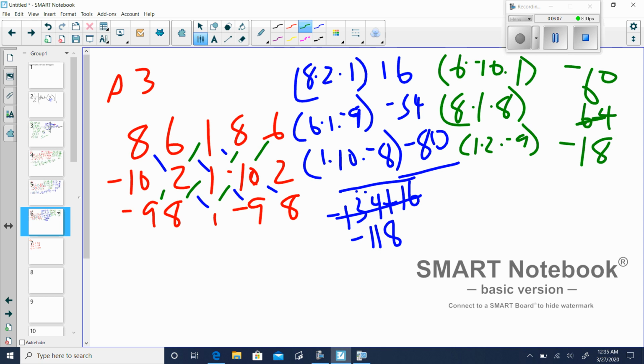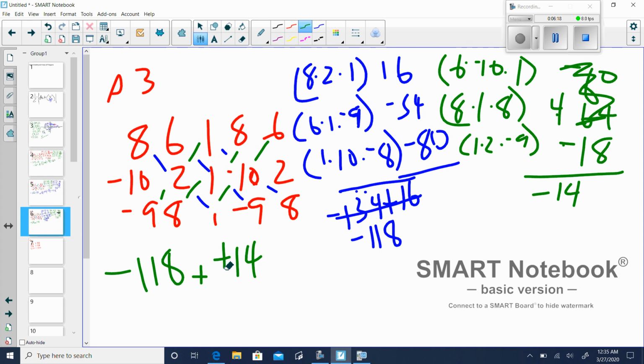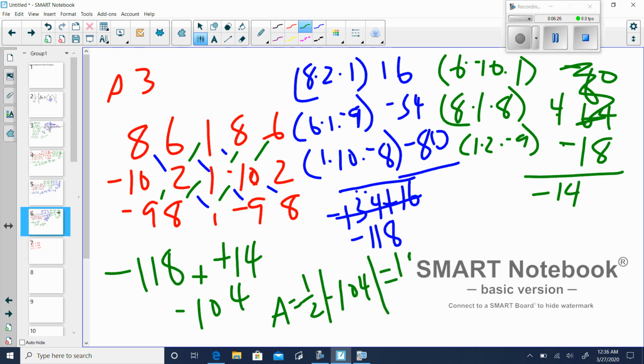So 64 minus 60 is 4. 4 minus 18 is negative 14. So negative 118 minus negative 14 gives us negative 104. Area is 1/2 times the absolute value of our determinant. So that's going to be half of 104, which is 52.